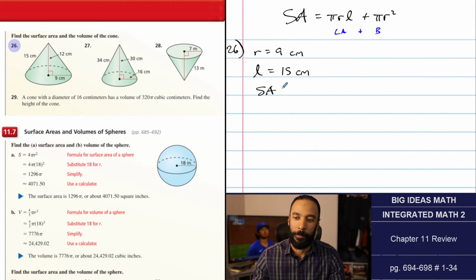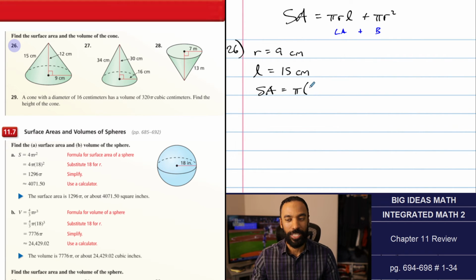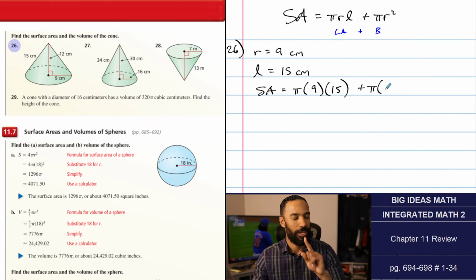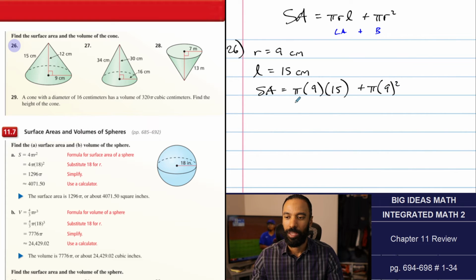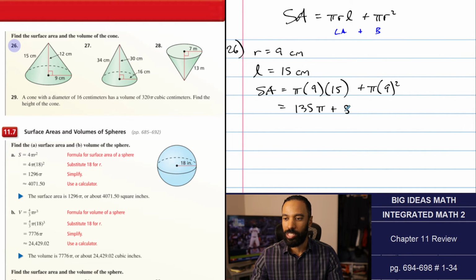So the surface area is pi. The point is, if you're tested, this is a review. If you're tested on this stuff, you got to make sure you know what to do for yourself, because if they don't give you all the excess information, make sure you're hearing me on that. Okay, 9 times 15 is 135 pi, plus this 81 pi here.